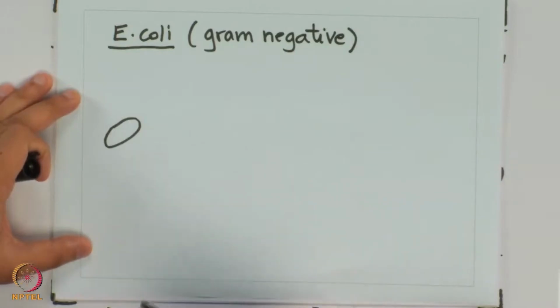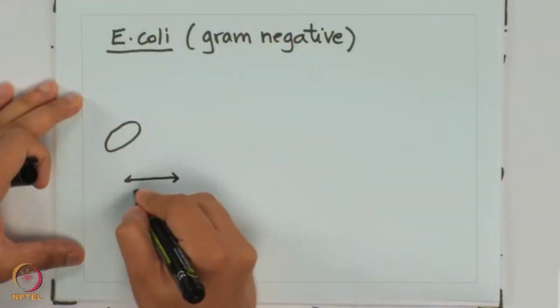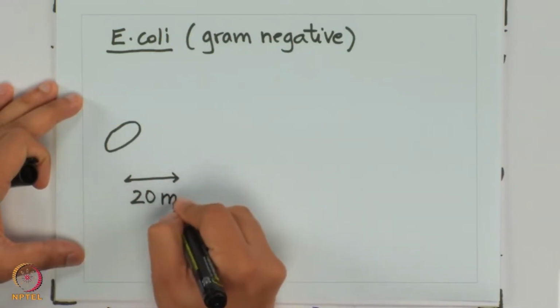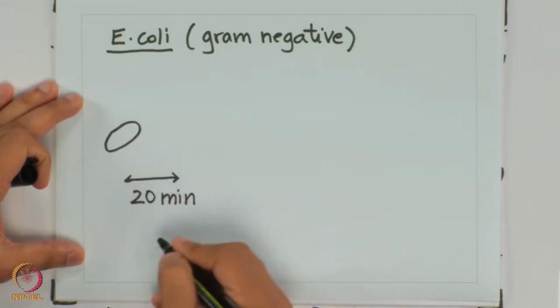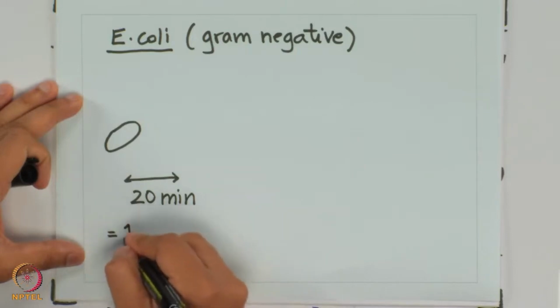So when you grow E. coli in an environment where nutrients are rich and the bacterium has all the nutrients available to it for its growth, the E. coli bacterium divides every 20 minutes or so roughly. So we call that time a time of one generation. So this is 20 minutes, and this is an important time in terms of evolutionary dynamics, that this is equal to one generation.